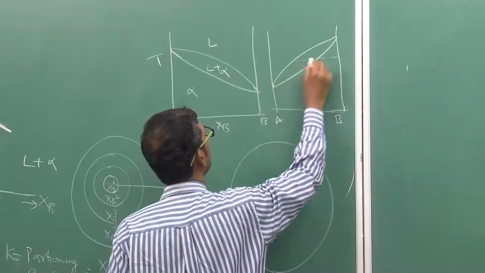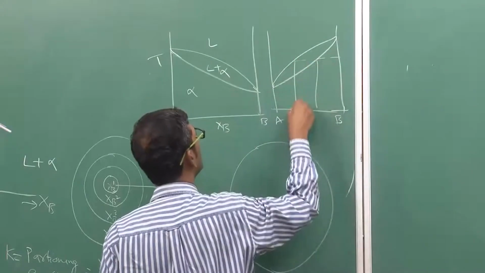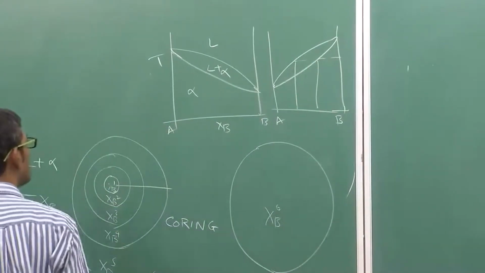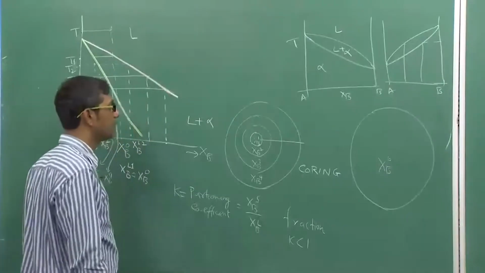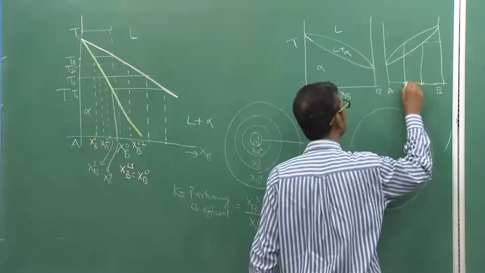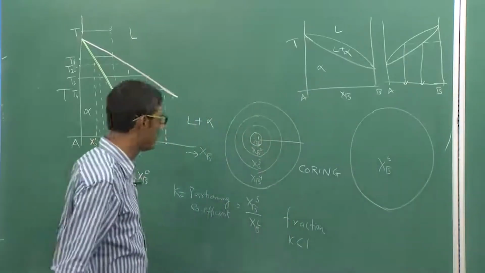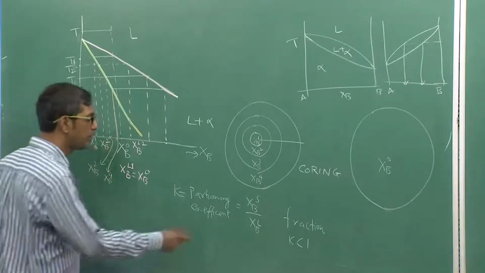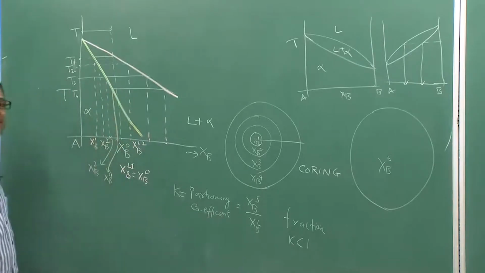Here the liquid has higher composition than the solid. So it is possible that the solid has higher composition than the liquid, because this is the solidus and this is the liquidus, which is higher than this one, so K can be more than 1. But normally we encounter this kind of phase diagram more, so we will assume in all our calculations that K is less than or equal to 1, less than 1 actually.